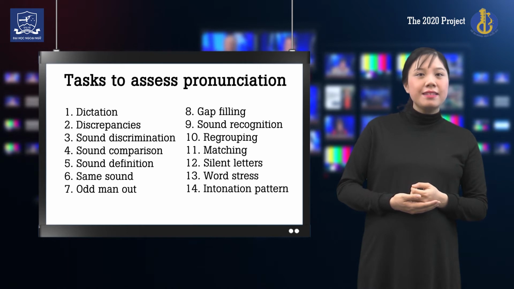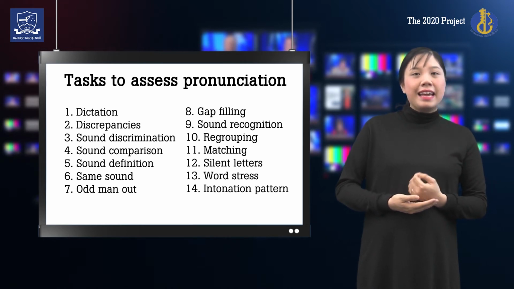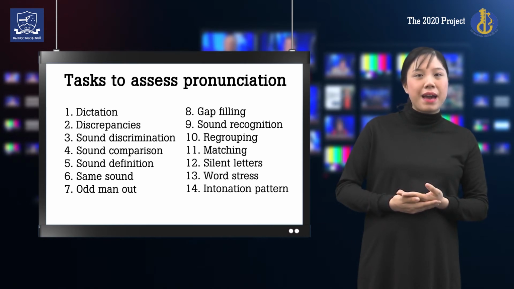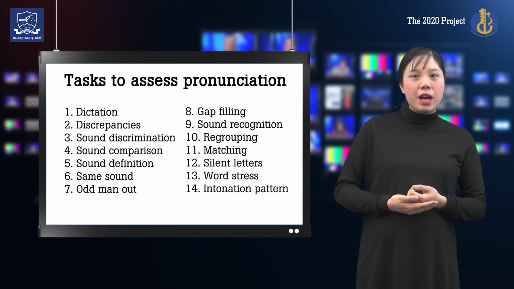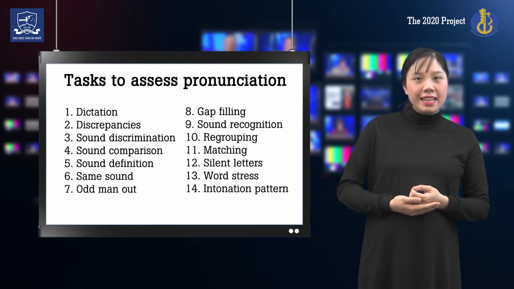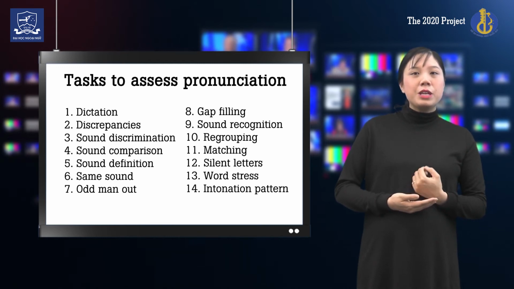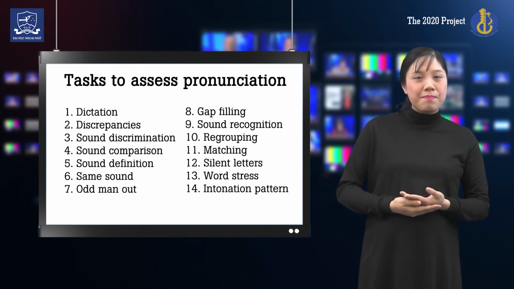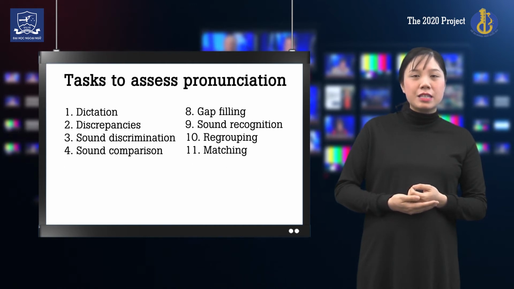Sound recognition. 10. Regrouping. 11. Matching. 12. Silent letters. 13. Word stress. And 14. Intonation patterns. Now we have just got some ideas about how we can use tasks to test pronunciation. I hope that after this lesson, you can make use of all or some of them in your pronunciation assessment for students.